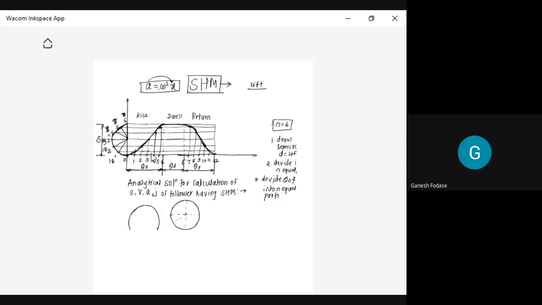Consider any point P at any position. So this is particle P. What I consider is a point P moving on the circumference of a circle with constant angular velocity.